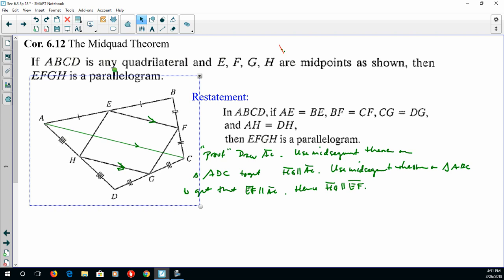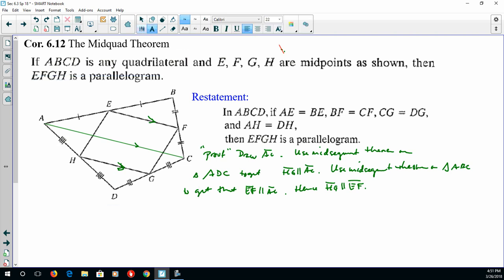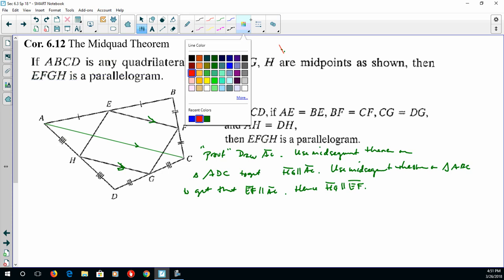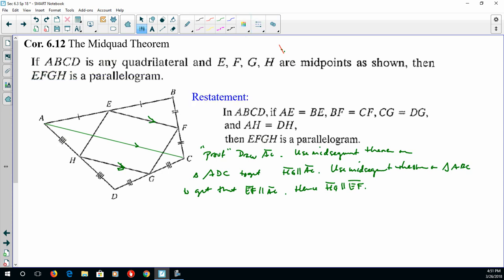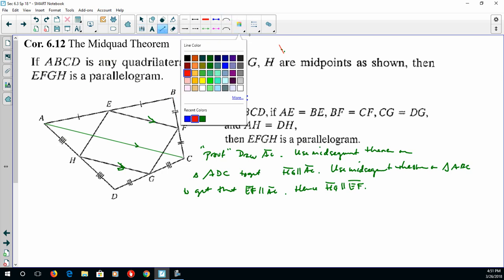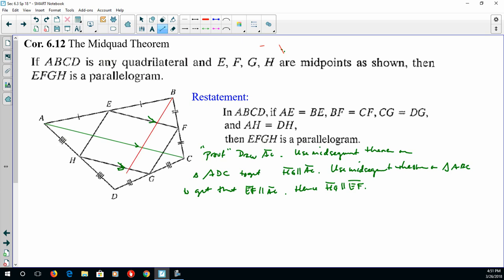Now, draw BD. The mid-segment theorem says that HE is parallel to BD, and so is GF.